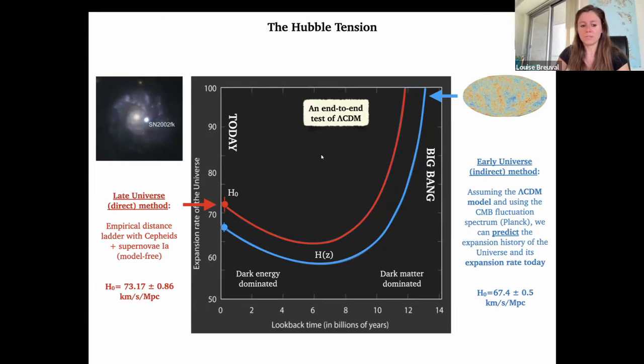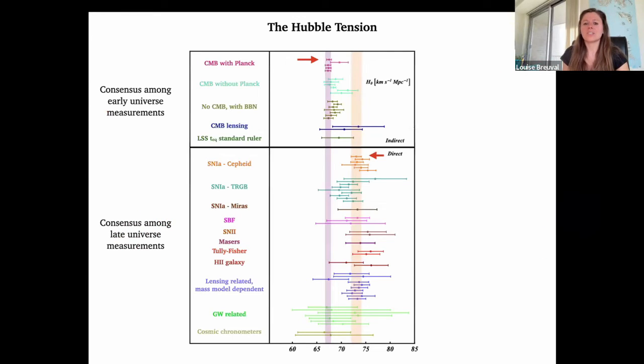So one thing I really want to highlight here: it's not a tension between two values or two measurements, but it's really a tension between the consensus among many early universe measurements and the consensus among late universe measurements.